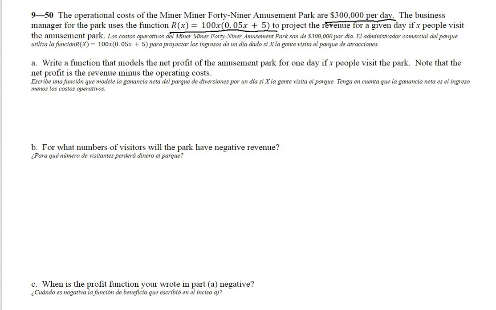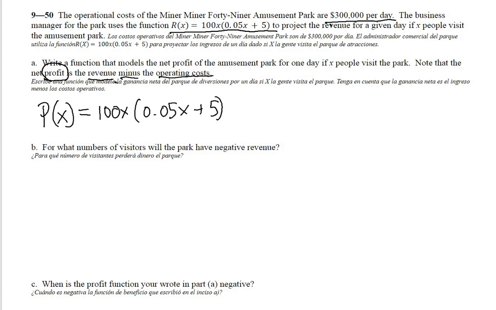So the profit, I'll call it P of x, is going to be the revenue, which is 100x times 0.05x plus 5, minus the operating costs, which is $300,000 per day.